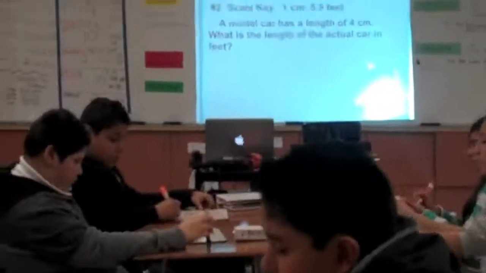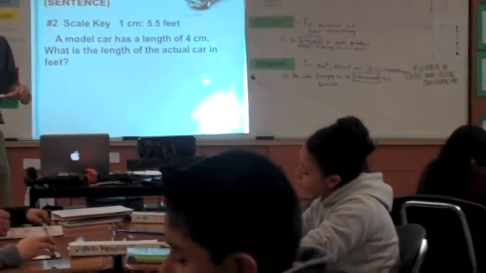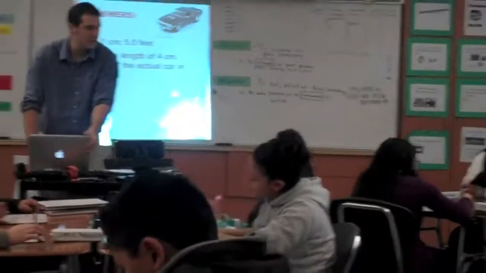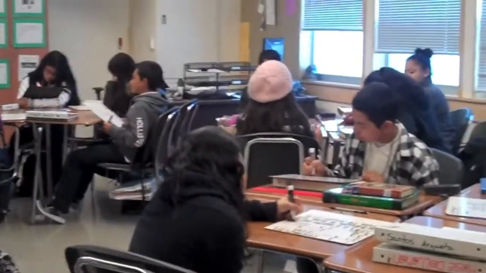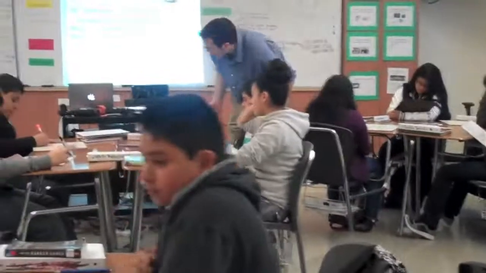I'm seeing really complete sentences from group 2. About 30 seconds left. Finish up your thoughts. Let's see what you do. What's the ratio? 1 centimeter is 5.5 feet. It has a length of 4 what?